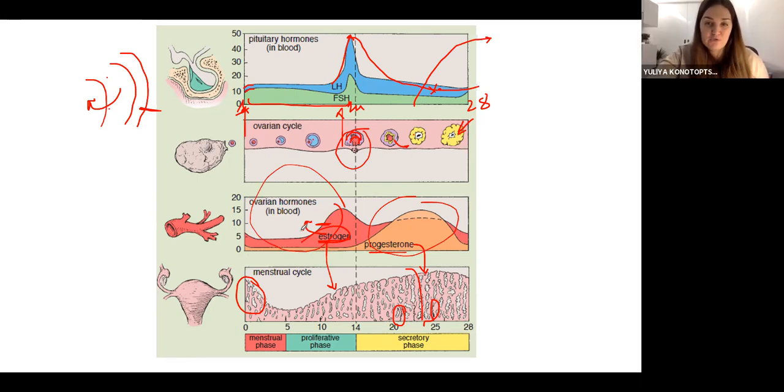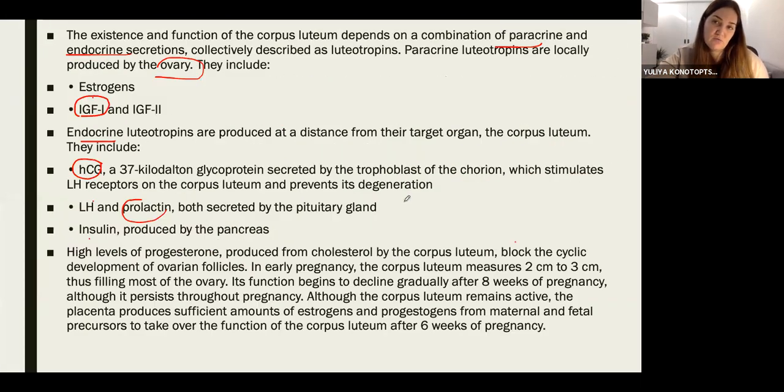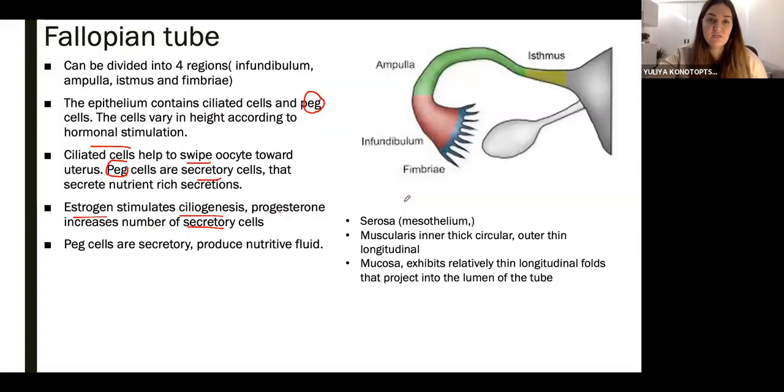Because if you have an oocyte, you need to swipe it towards the uterus, making sure that it's getting closer to the spermatozoa just a bit. But in the progesterone phase, the PEG cells are going to be quite active. They make this nutrient-rich fluid in case you actually have an embryo, so maybe we'll need to supply this embryo with some kind of nutrients.